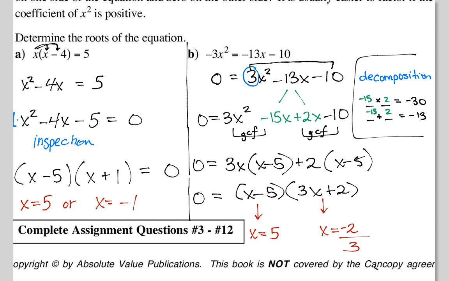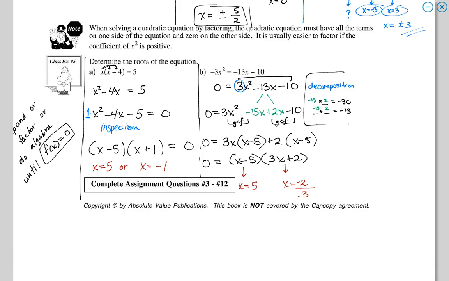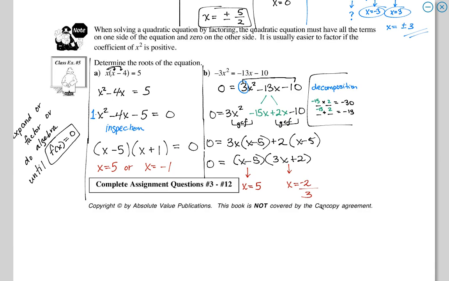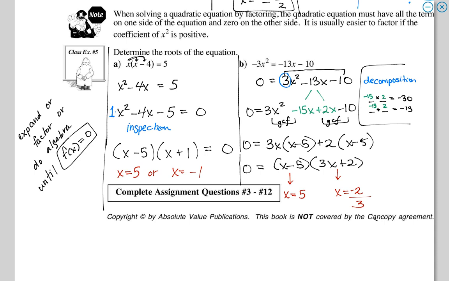Alright, so basically you're staring at your written response here. Like this is a fair written response. Make sure the function's equal to 0, factor, and solve. Like for sure that'll be on your written response. I can't guarantee how it'll start originally, but essentially you'll have to be able to do this, especially with the decomp.